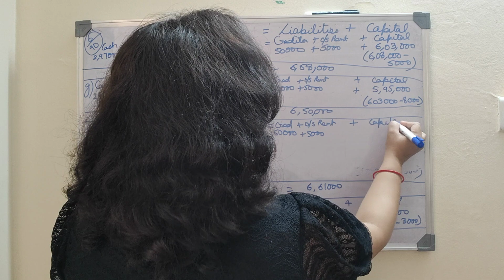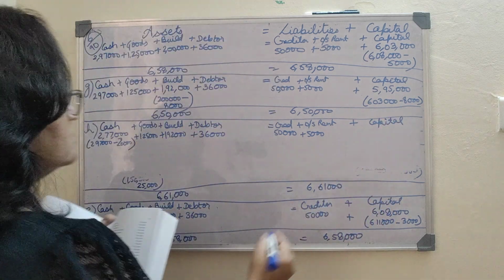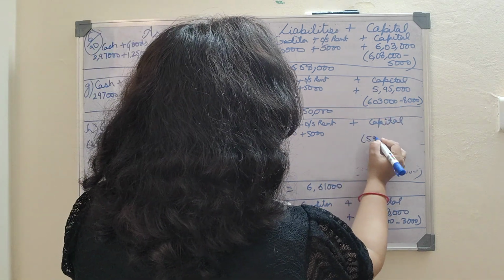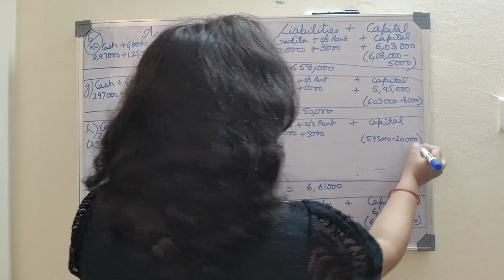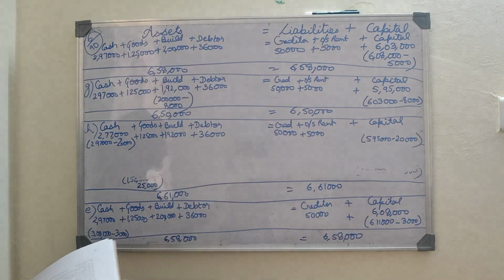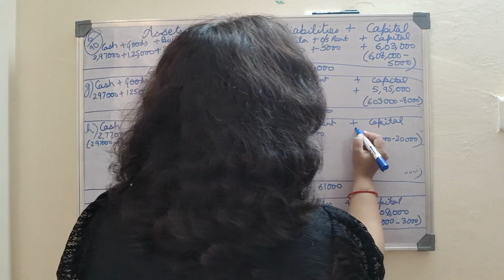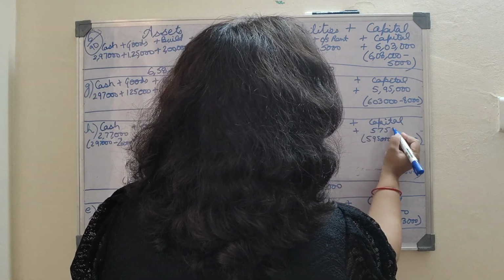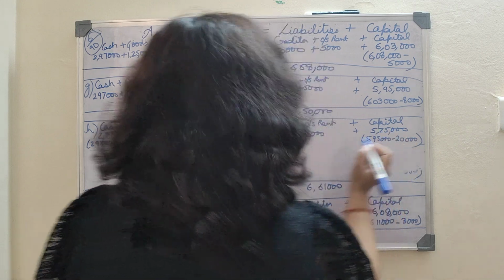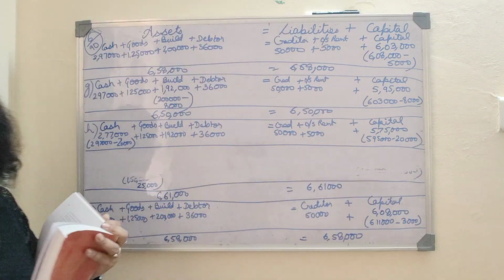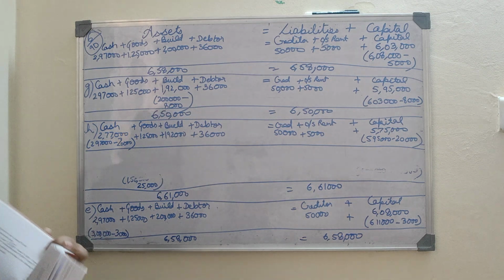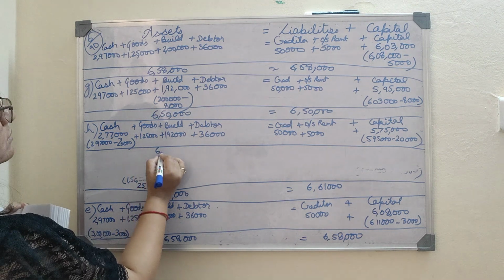Now from capital we are going to subtract the drawings 20,000. So 5,95,000 minus 20,000 comes to 5,75,000. Right? So again check the total of LHS and RHS. It comes to 6,30,000.